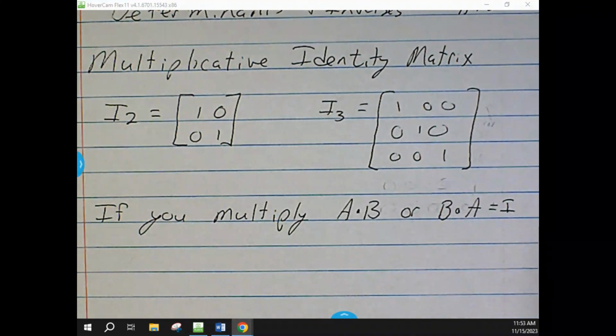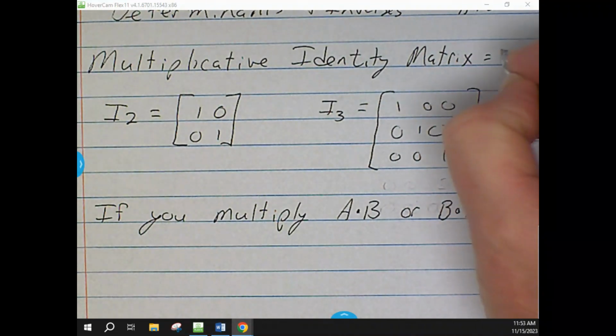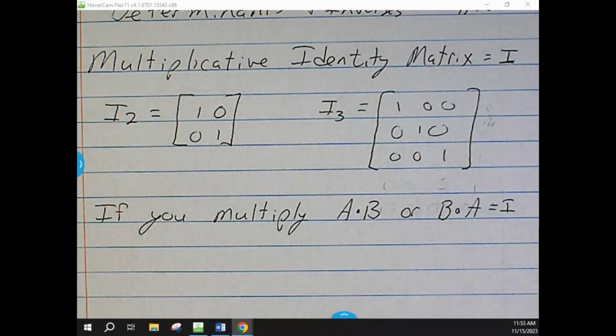So back up here, I probably should have done this. It's just I, and again, it will change depending on what size we're looking at.